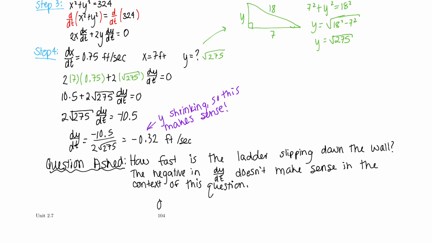So the answer that we would get would be 0.32 feet per second because the context doesn't call for a negative. The ladder is not slipping down at a negative rate.